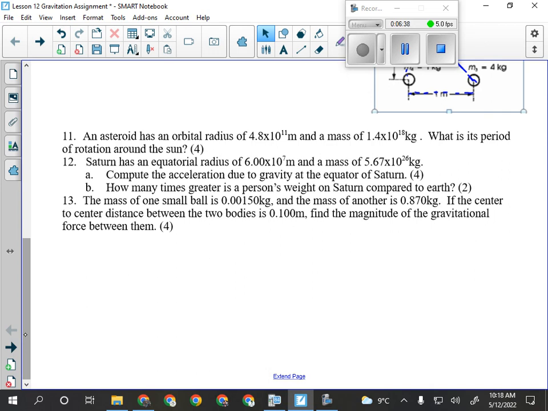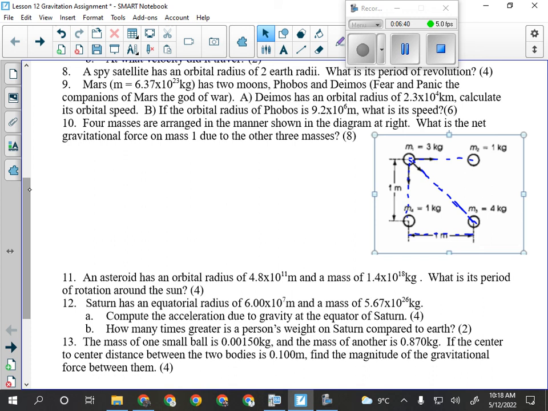The other good news about this one is that these 2 masses here, not only are they the same mass, they are the same distance from mass 1. That might save you a little bit of time in calculating, as was my intention. All right, you have the entire class to work on that.